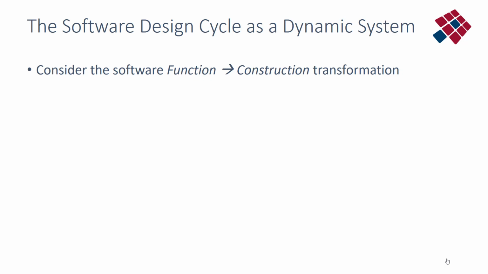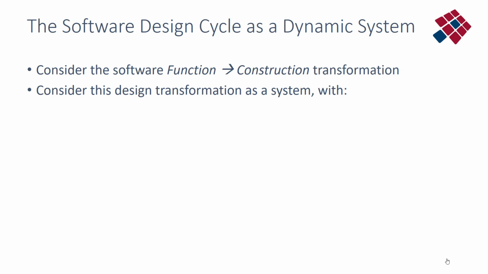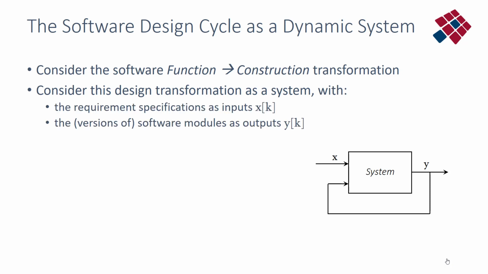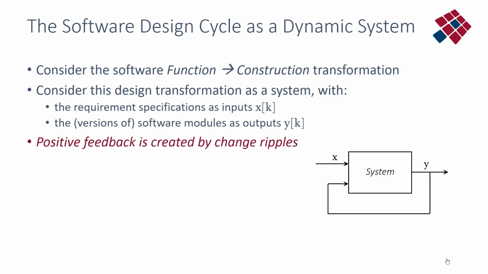And in order to do so, we have to consider and define an explicit transformation from functional requirements to the construction primitives of software, and treat this transformation as a dynamic system where you have requirements X, where you have versions of software modules Y, and where you have also a feedback cycle.